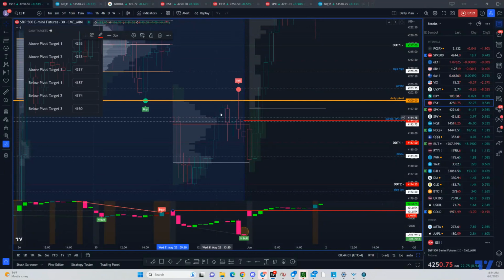So you can see that in here, delta was here. When it hit the same spot here, delta was all the way down here. So sellers are very, very aggressive. However, price is now making a new low. That's when you get a bullish divergence, which is hidden.